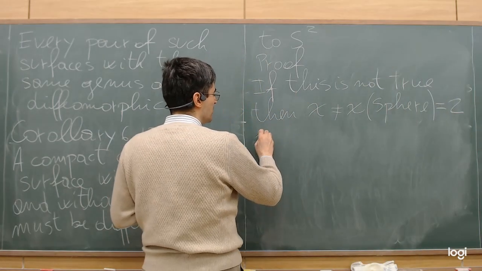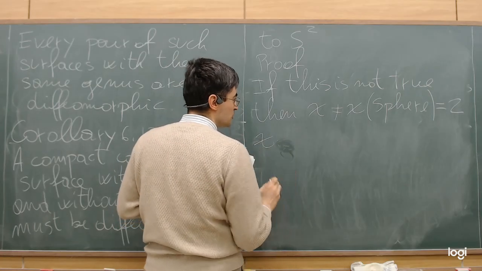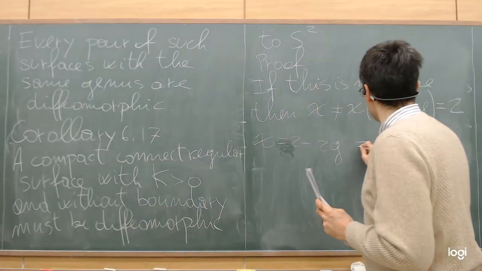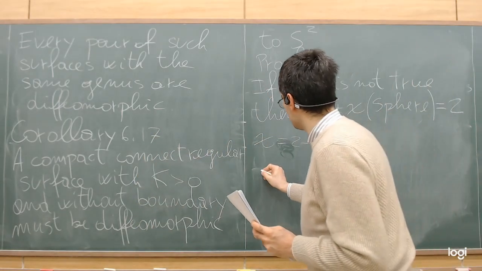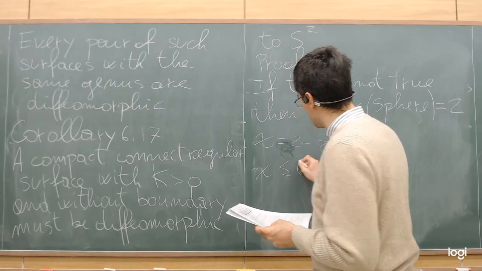The Euler characteristic of a surface of genus G is 2 minus 2G, which implies it is smaller or equal to 0.